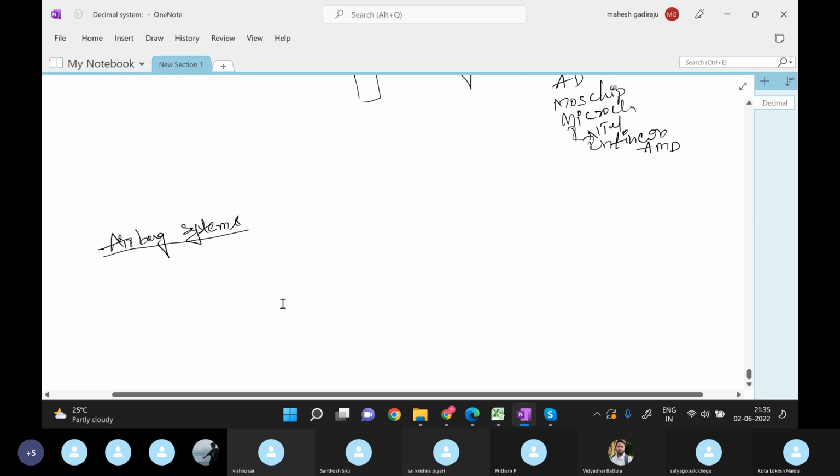Can anyone tell me how the airbag system will work? Whatever it is, it's fine. Just tell me your perspective on how the airbag system works. Student: There is a car. When the car hits a hard surface at a certain speed, the airbag will open.